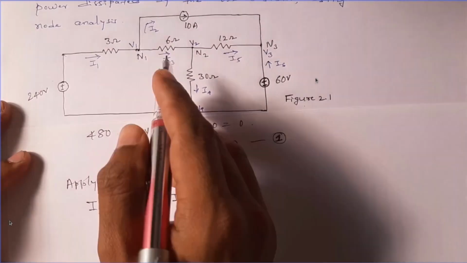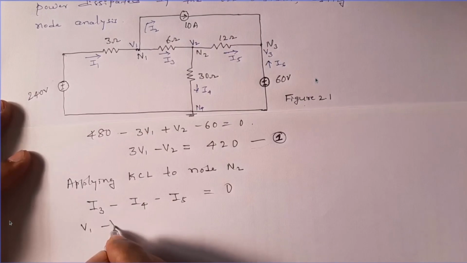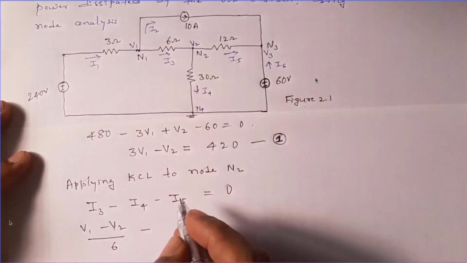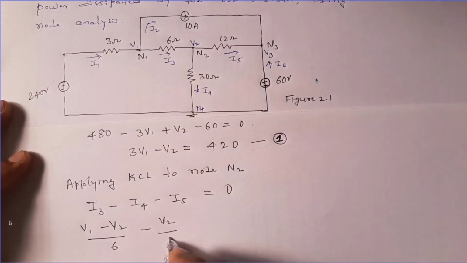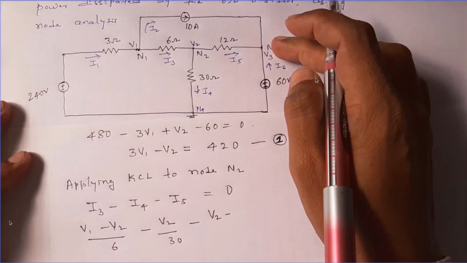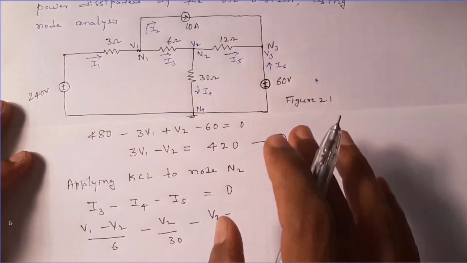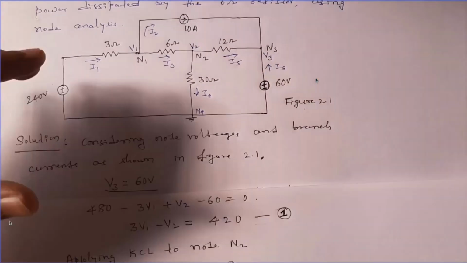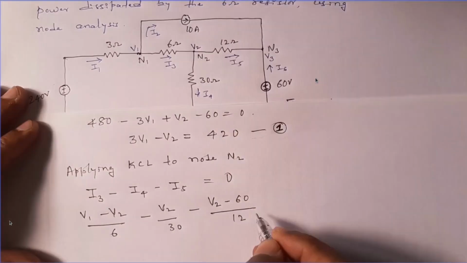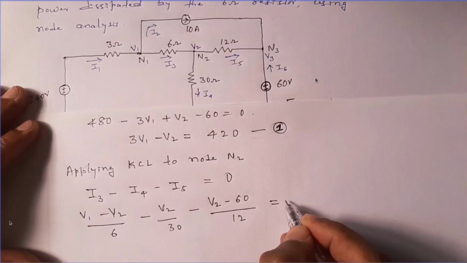I3 incoming current is (V1 minus V2) divided by 6, minus I4 which is directly V2 by 30, minus I5 which is (V2 minus V3), and V3 is nothing but 60. Okay, so that we found here. So (V2 minus 60) divided by the resistance 12 is equal to 0.